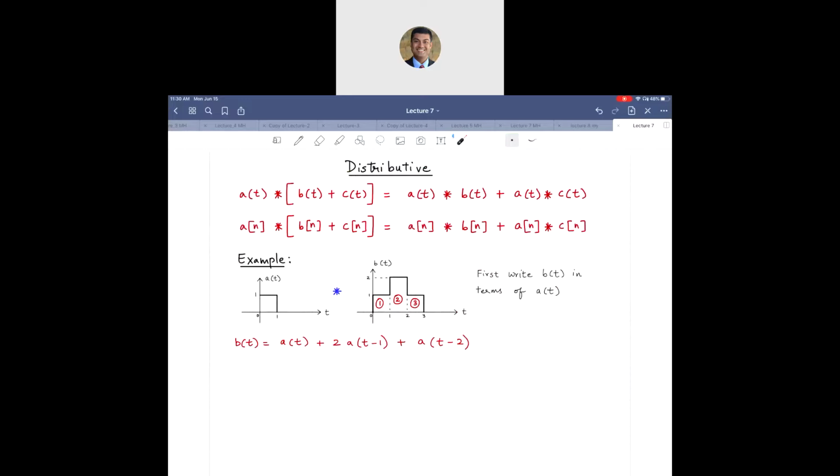Let us define A convolved with A as a new signal, say M of t. We only need A of t convolved with A of t. So let's define this as M of t.